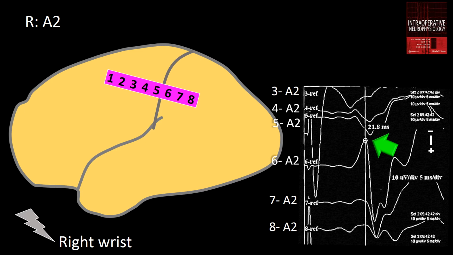The apparent phase reversal occurs between 5 and 6, as you can see indicated by the green arrow. The highest negative potential is present in the 6th derivation. So the highest potential is likely to be there.